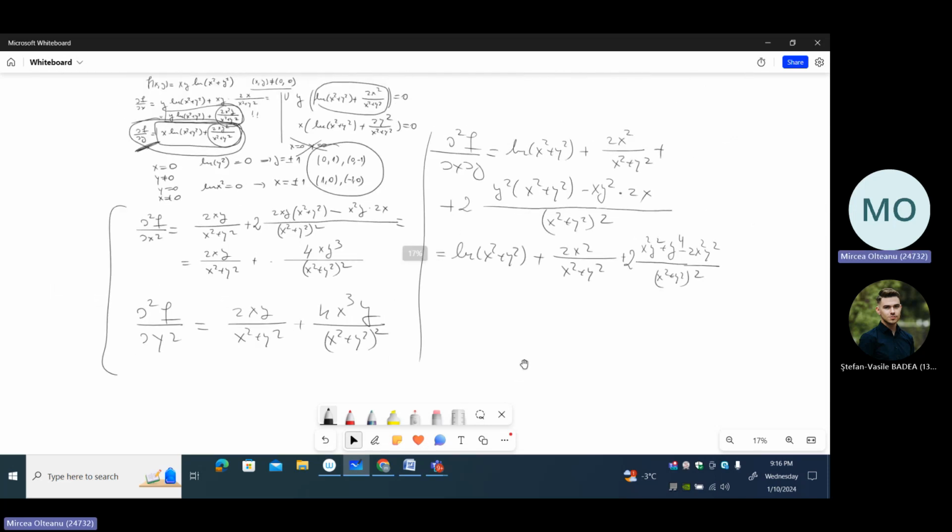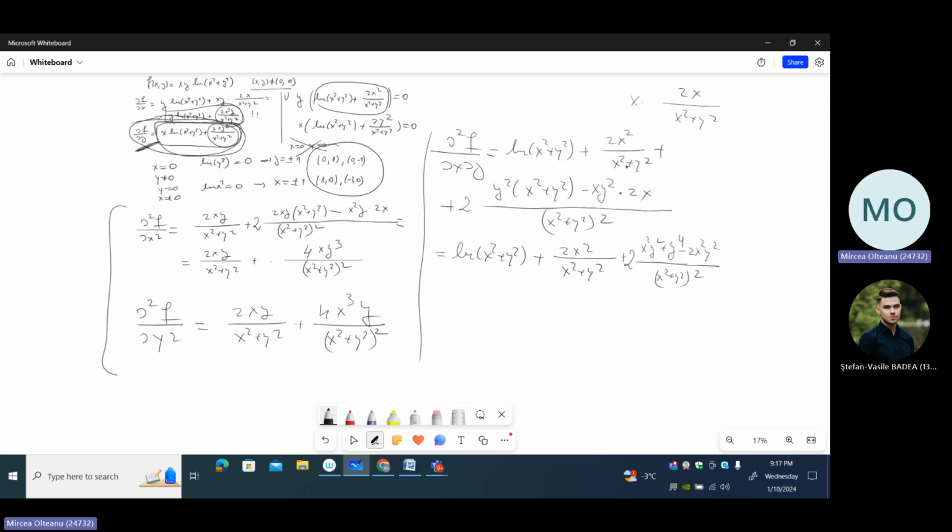So I need to differentiate this one with respect to x. Until here it was okay. x, y times 2y. So again, logarithm of x squared plus y squared plus x times, below we have x squared plus y squared, and above we have 2x.